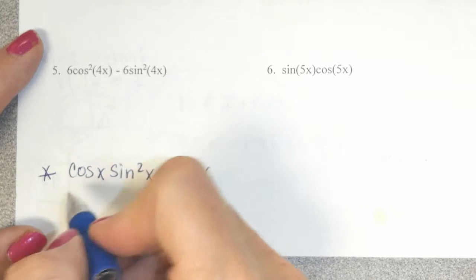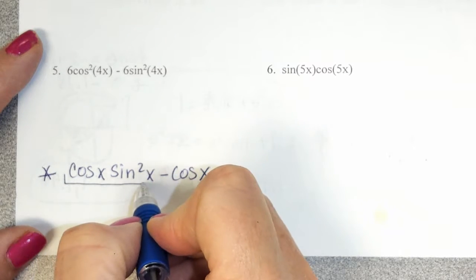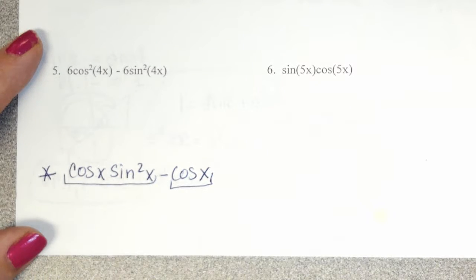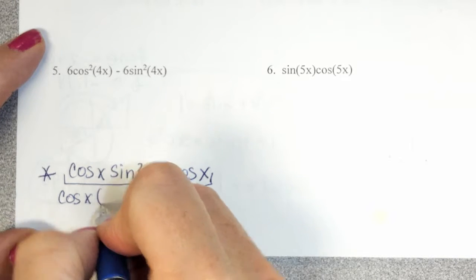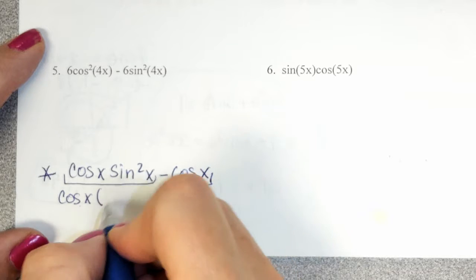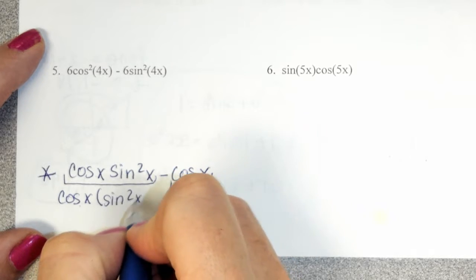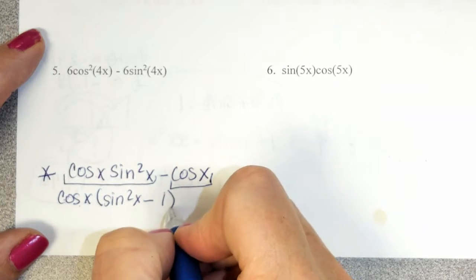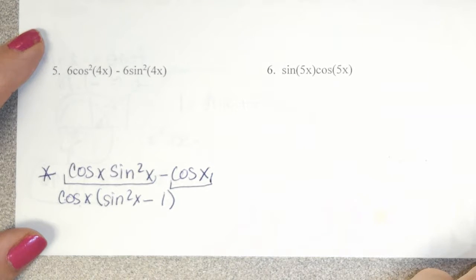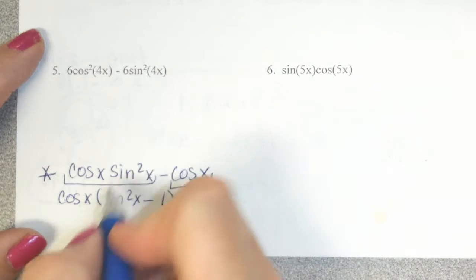Well, looking at this problem, this is a term, and this is a term. What do those two terms have in common? So I'm going to factor out a cosine. And then this divided by cosine is sine squared, minus cosine divided by cosine is 1. I'm trying to get this simplified down to a single value.